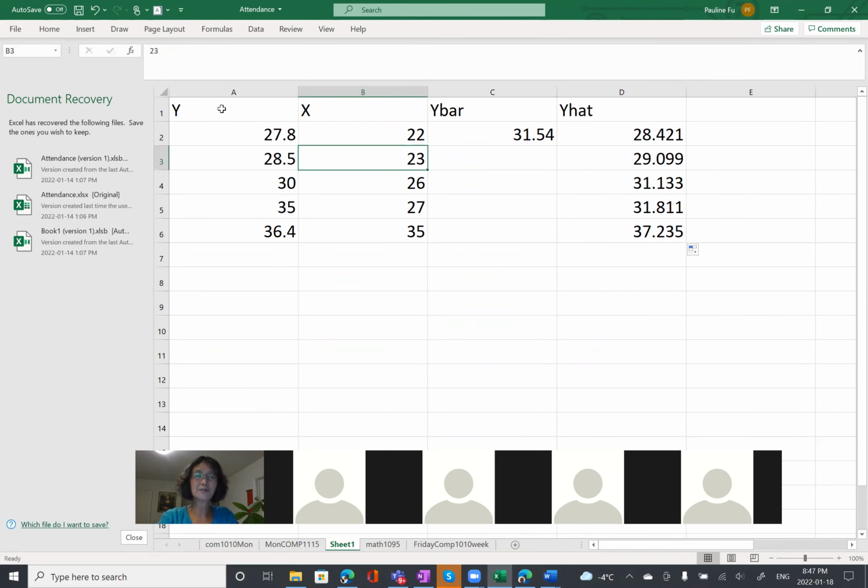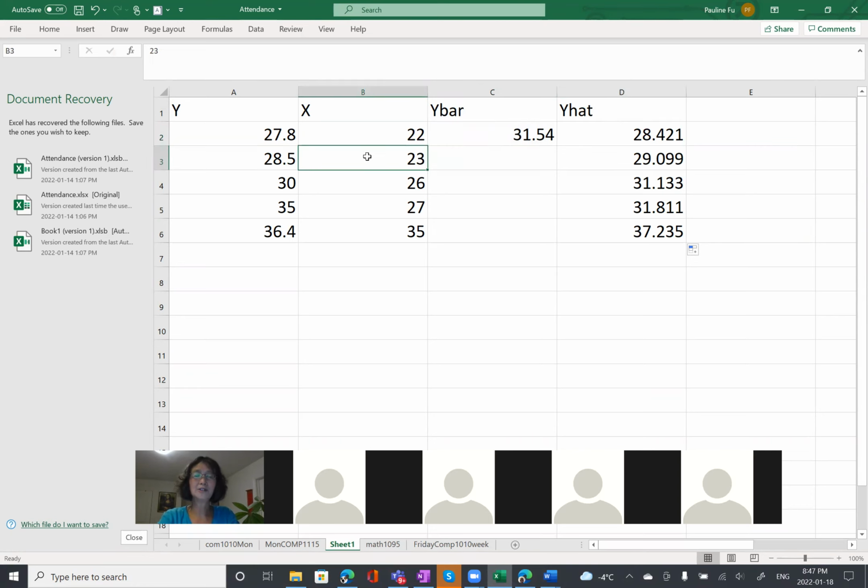Hope you know the difference. Y is the original data. Y bar is the average of the original y. Y hat is the predicted y. For example, the predicted value when x equals 22 is 28.421.